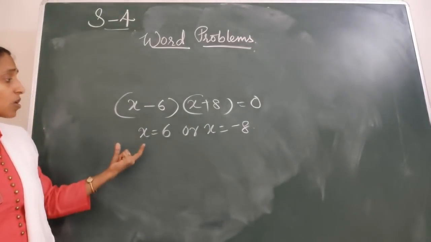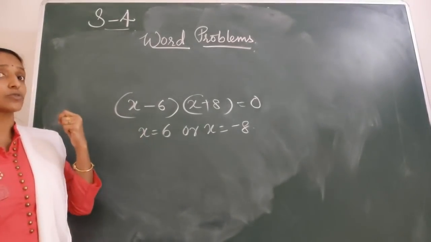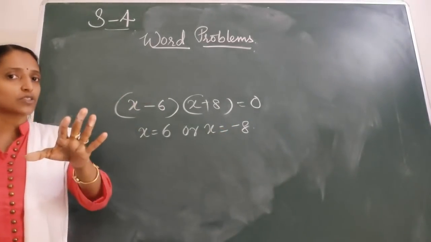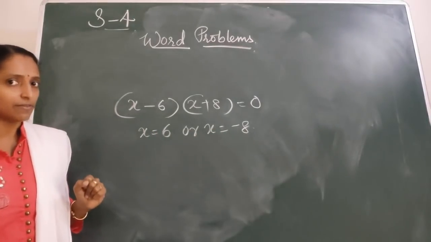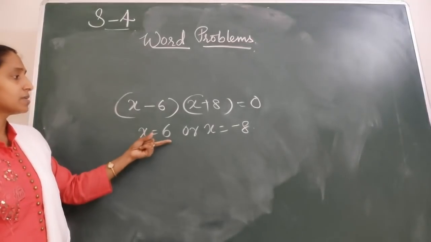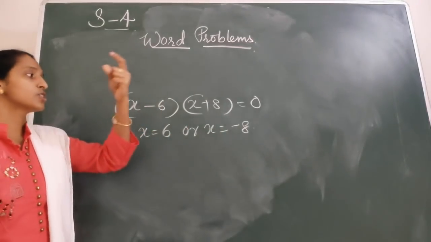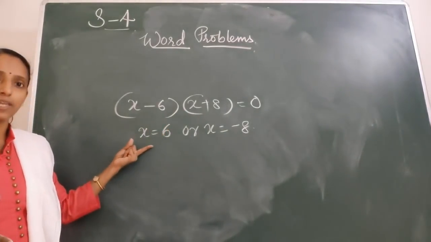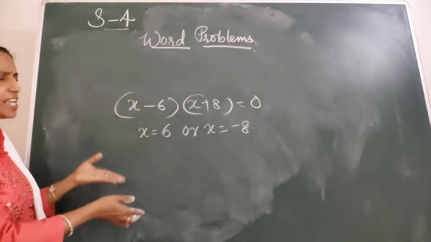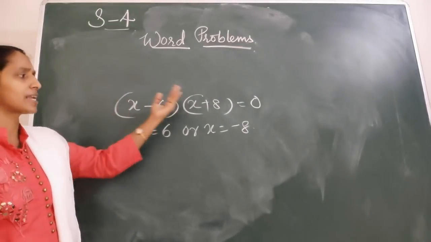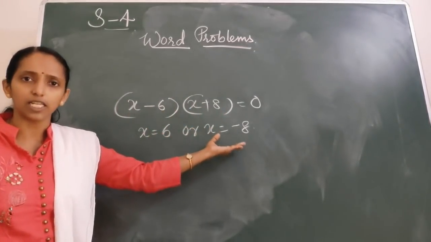The question says the sum of two natural numbers. So after solving you are getting x equal to 6 or x equal to minus 8. A natural number cannot be negative, so according to our concept, x cannot be negative. In that case the number will be 6 only. In the same way, if speed is given, there also you may get one positive value and one negative value.